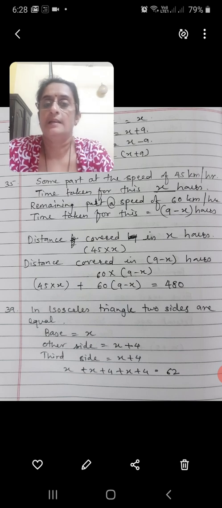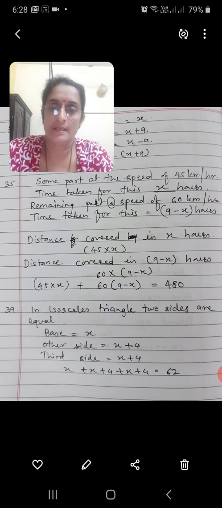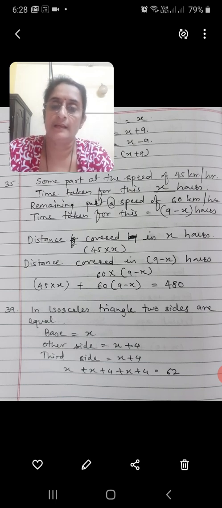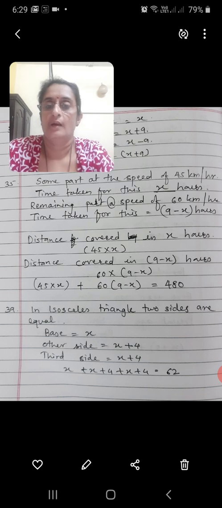Now total distance covered in x hours. How do we do? Speed into time taken, isn't it? So distance covered in x hours is 45 into x, and distance covered in 9 minus x hours is at the rate of 60 kilometers per hour. Now together it is 480 kilometers. So how are you going to write? 45 into x, that is distance covered in x hours at the speed of 45, and then 9 minus x, remaining time at the speed of 60.